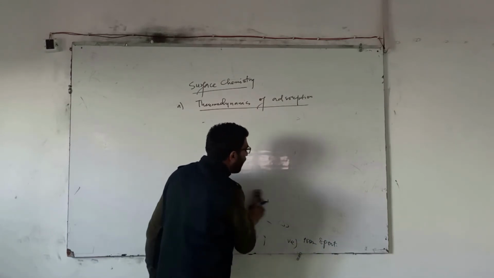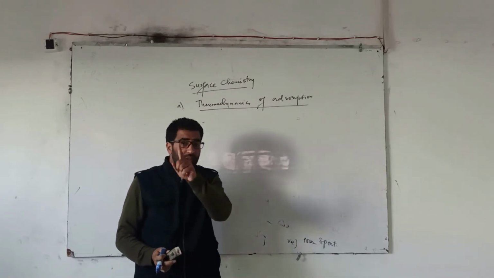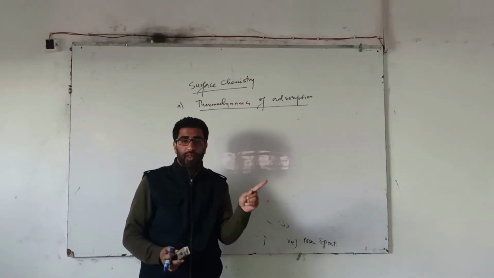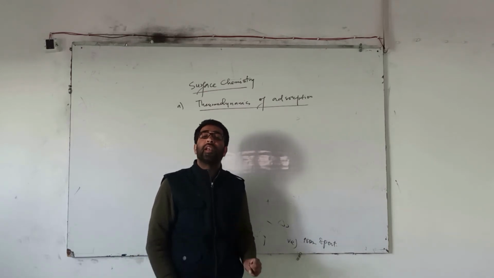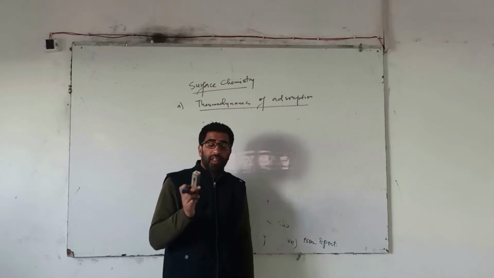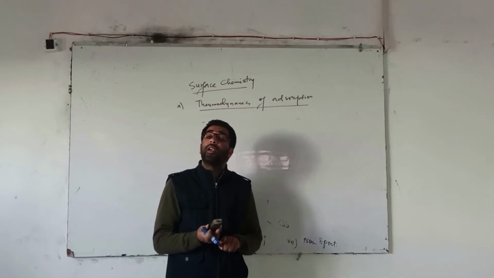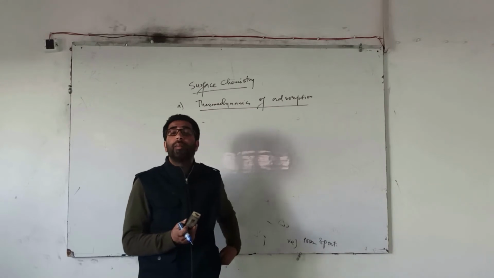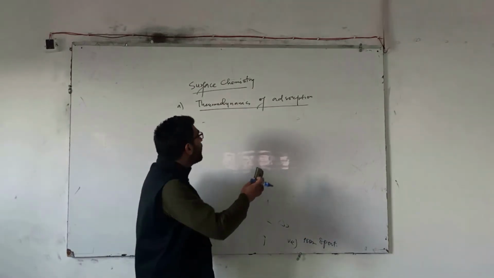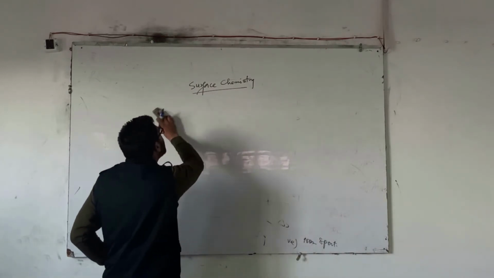Point number one, during adsorption energy is released. Number two, during adsorption entropy decreases. Number three, adsorption is spontaneous only at low temperature, whereas at high temperature it becomes non-spontaneous. Now this was the information about the enthalpy of adsorption.